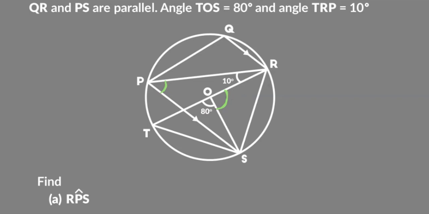That won't be very difficult, of course. We can find the angle ROS. Angle ROS is the angle we're finding, and we know that this angle is equal to the difference between 180 and the 80 degrees they've given us. If we find that, we can see that it's 100 degrees.